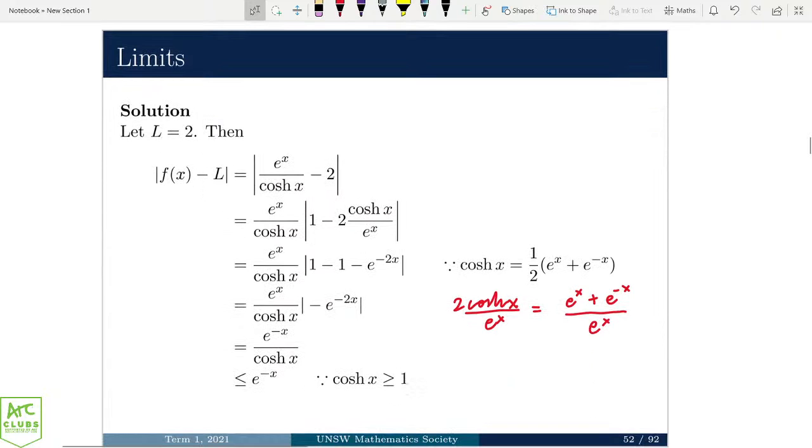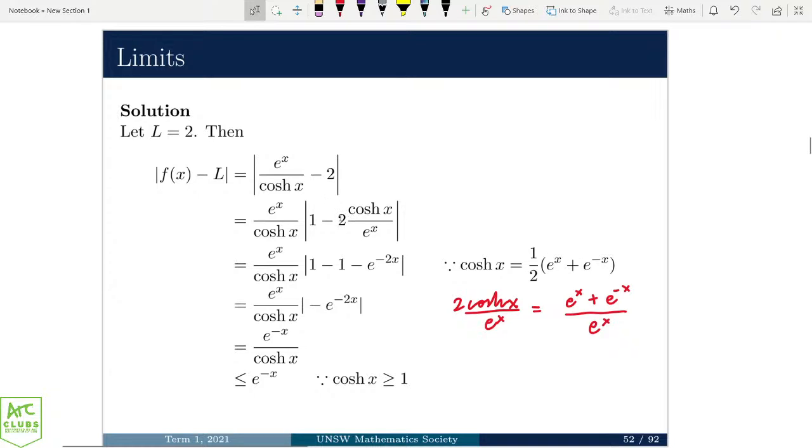Then if we compute f(x) minus L, substituting in what's being given in the question, you get this. And then what they've done here in the second step is that they've taken out the e^x on cosh x. So they're left with this expression inside the absolute values. And then recall that the definition of cosh x is half of e to the power of x plus e to the power of minus x.